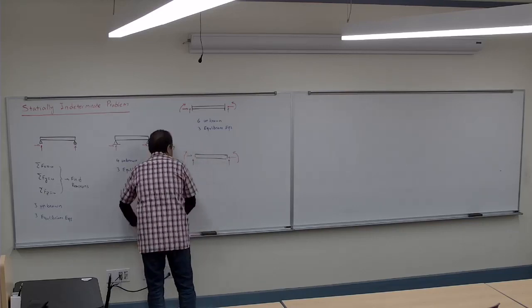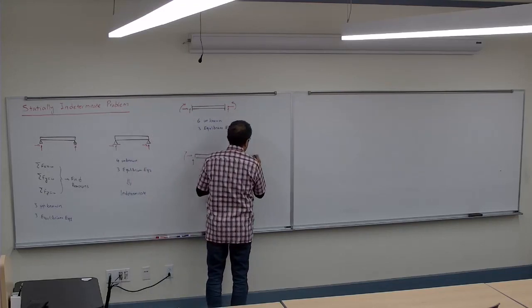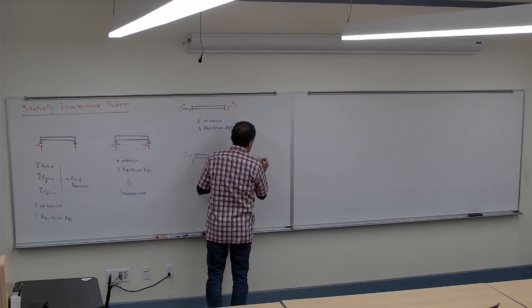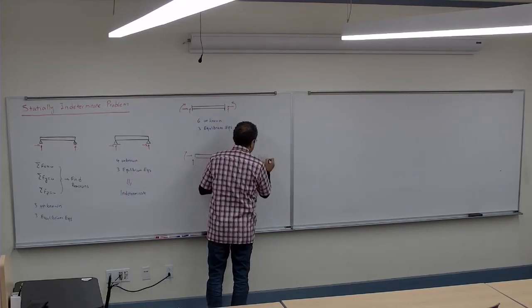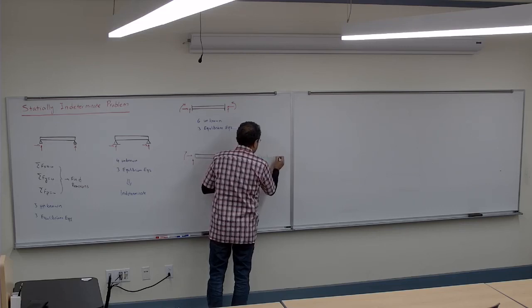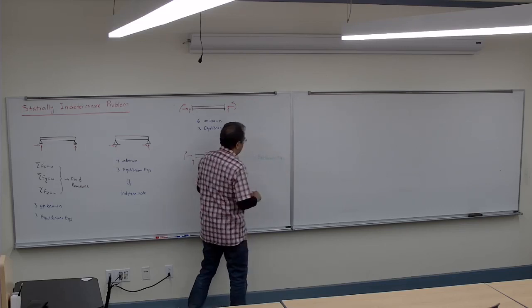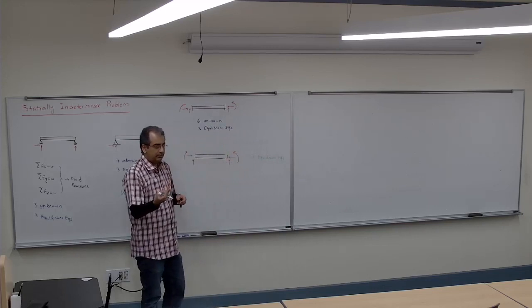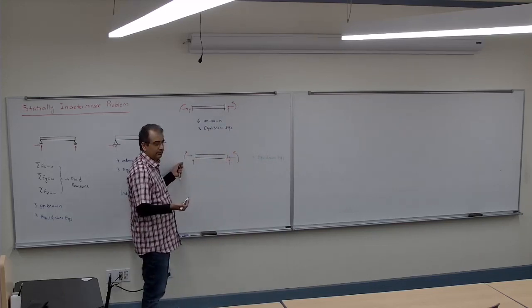So I have my three equations. I need three more equations, correct? Because I have 6 unknowns.